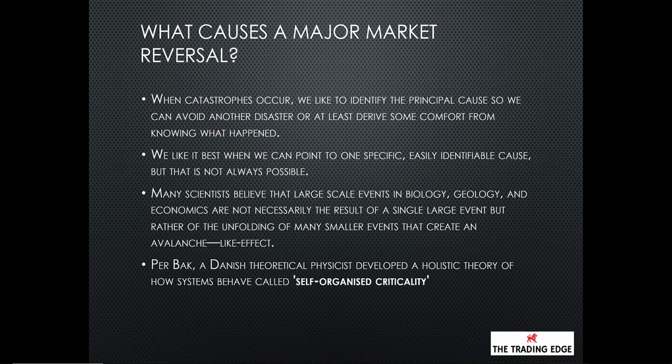One particular scientist named Per Bak, a physicist, developed a theory called self-organized criticality. That's just a fancy word for describing the way that complex systems organize themselves. There is always the potential for these little fingers of instability. Think about a sand pile as an example.